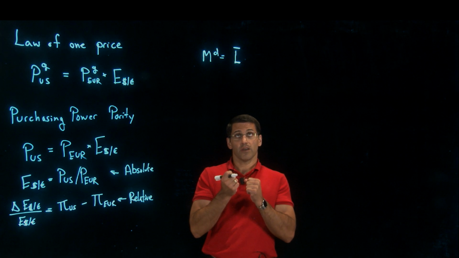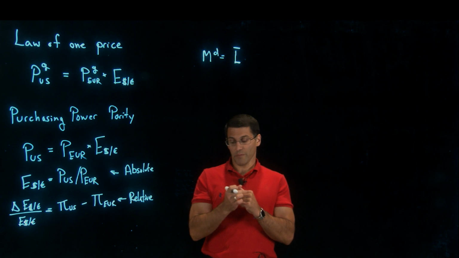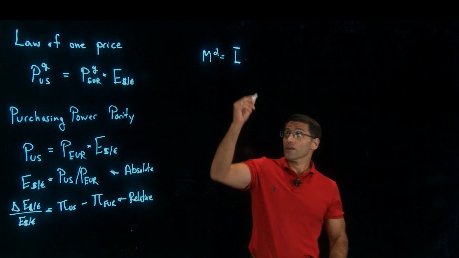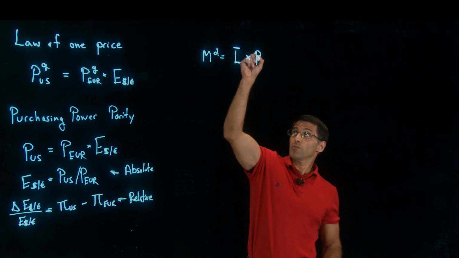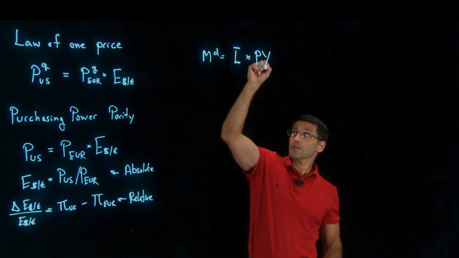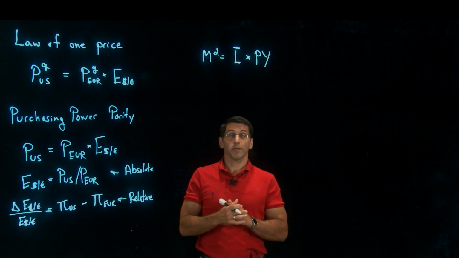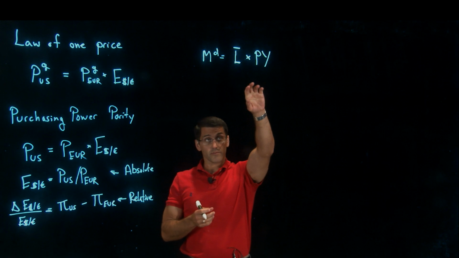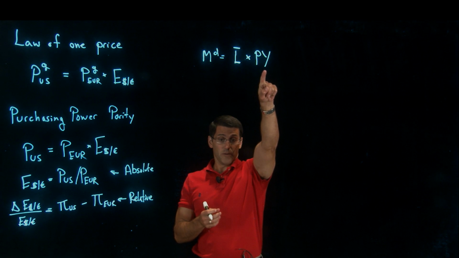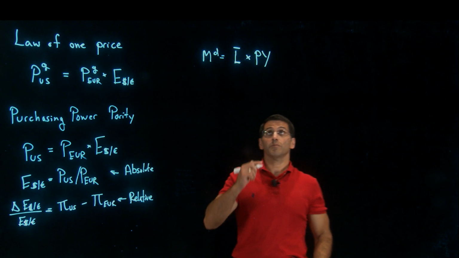So it's our constant on the demand side for money. So we have that constant, and then we multiply that by P, which is the price level, times real income. So Y is real income.